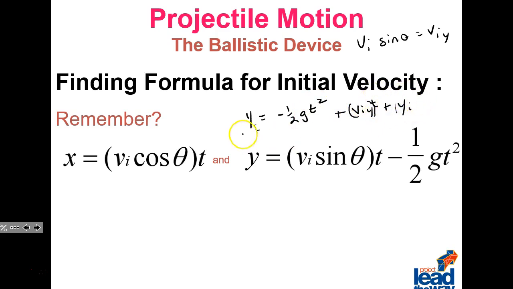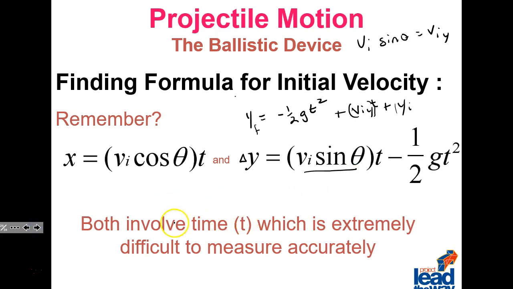If we move this over and say YF minus YI, this is actually going to be what's showing here, which is technically a delta Y, which is how far the object has displaced, not a position. Y is a position, delta Y is a displacement. So because VIY is equal to VI sine theta, we can substitute that in here.